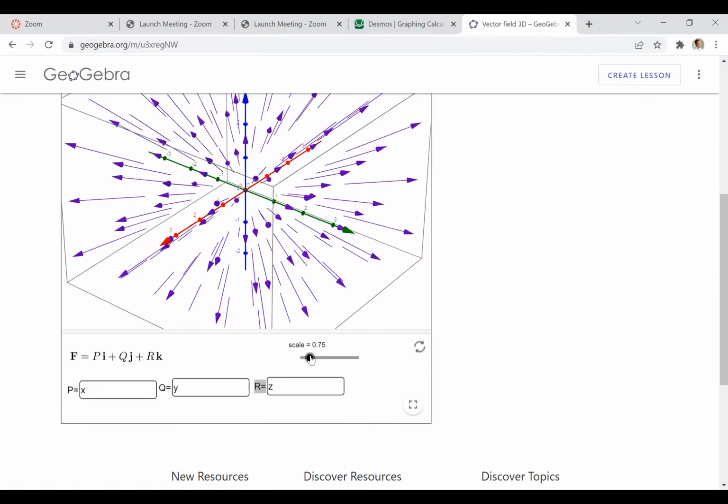Our first definition is, if f(x, y, z) is a scalar function in R3, just a scalar function, not a vector field, then it has a gradient vector.